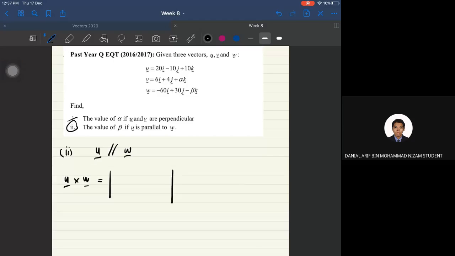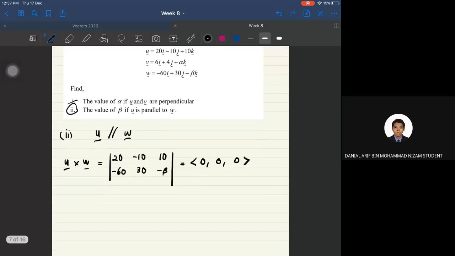So, what is your vector u? 20, negative 10, 10. What is a vector w? Negative 60, 30, negative beta. So the cross product between these two vectors akan dapat jawapan dia kosong. So cuba apply and find the value of beta. Sama boleh buat.